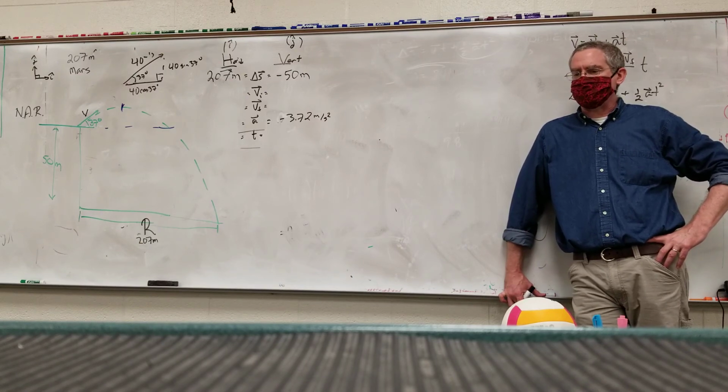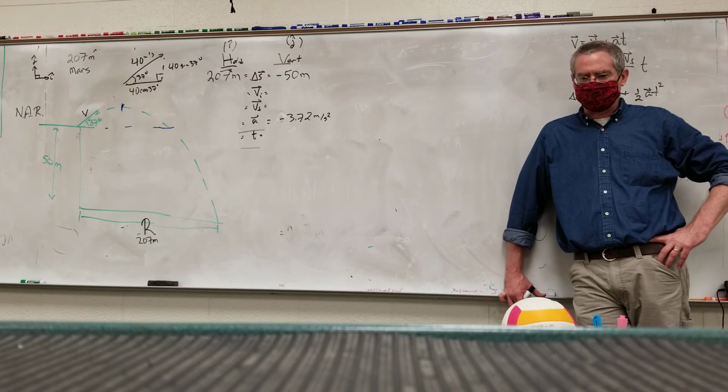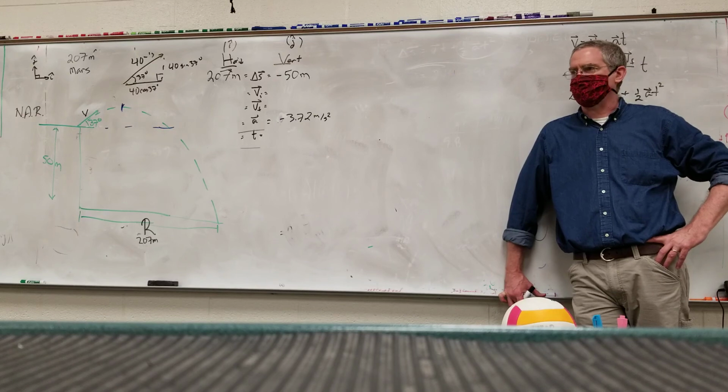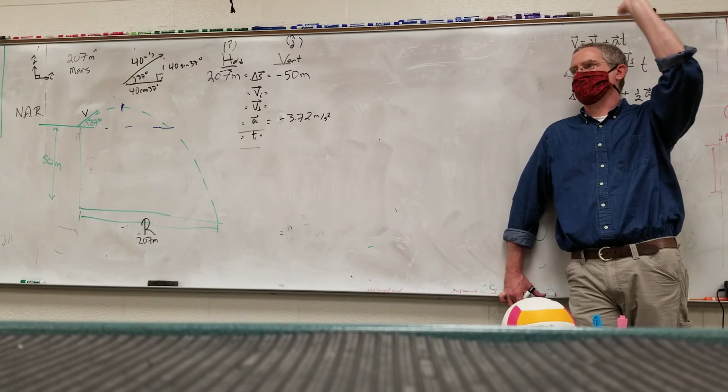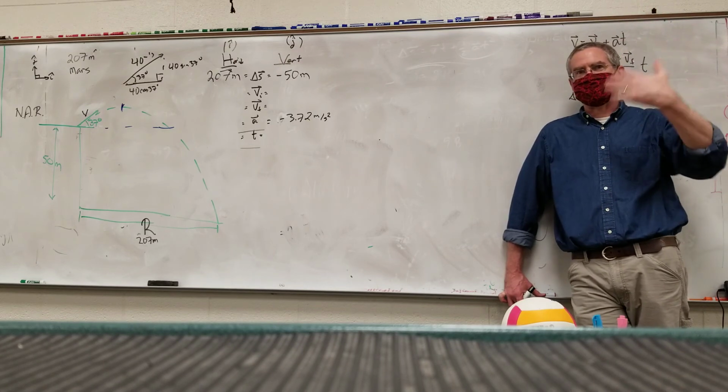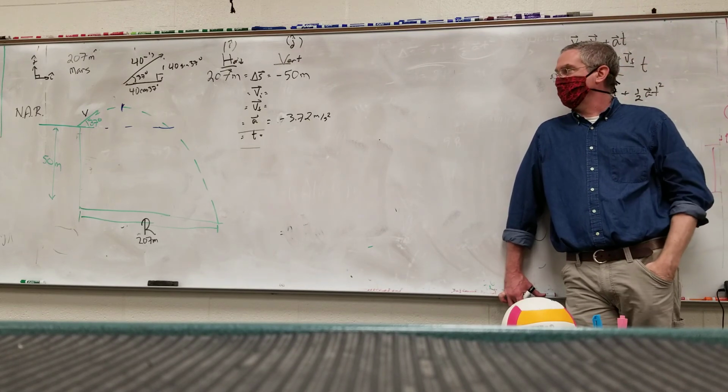Then you'd ask yourself, if I throw something off a cliff, is it reasonable that it would never get to 207 meters, no matter what speed I throw it? If I throw it at 0 meters per second, the thing falls straight down. If I throw it at 1 million meters per second, it's going way past 207. So there has to be an answer.